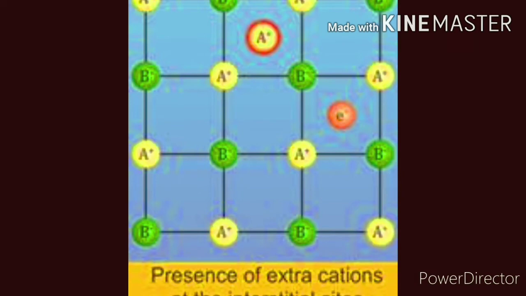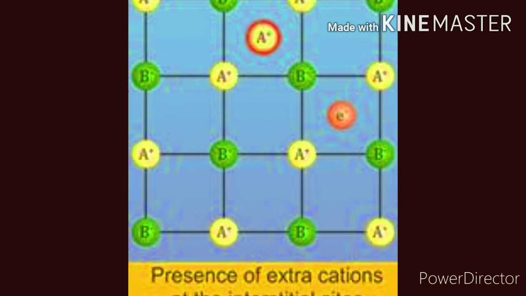Now we shall talk about the next metal excess defect, in which there are excess cations, and these excess cations are due to the escape of the anion in the form of a gas.